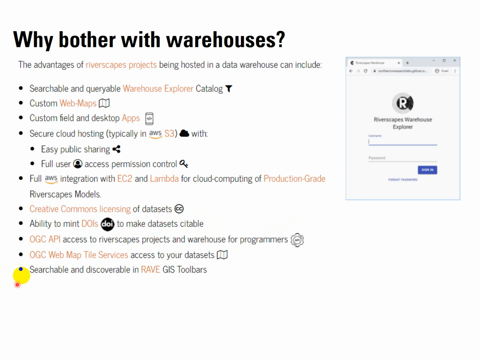As well as providing API access for programmers so that they can have a model that is making a call to data that lives on a warehouse and or populating data in that warehouse, instead of having to do everything locally and then push that up, or go download a bunch of stuff manually and then work with it. There's also the ability to create web mapping tile services so that others can access the data through simple GIS tools. And then, of course, the Rave toolbar, which we've talked about.